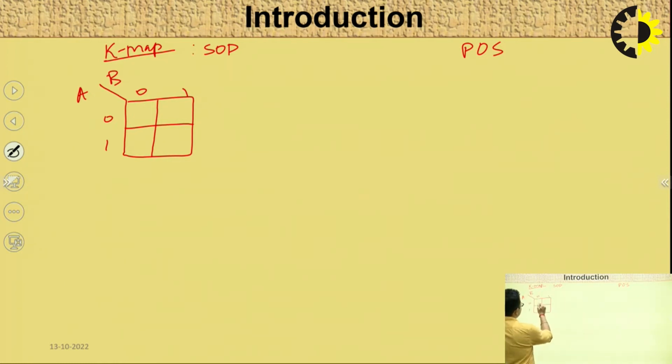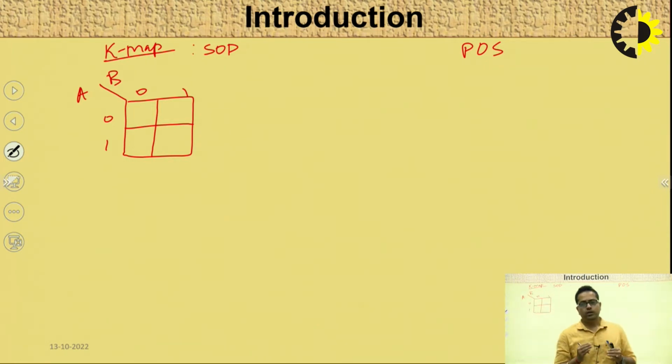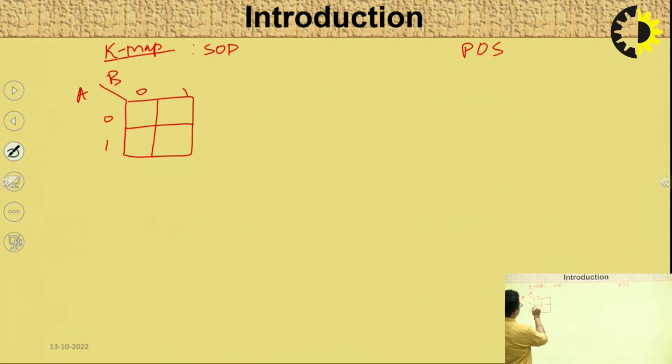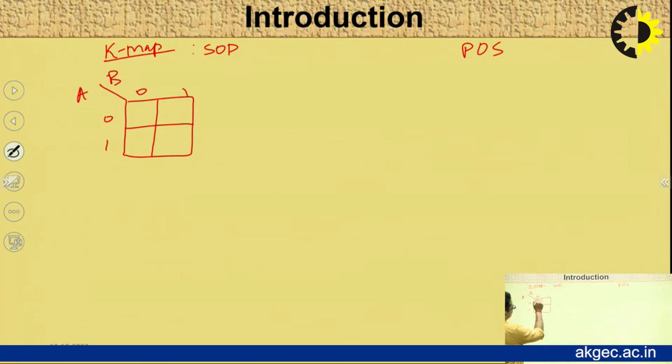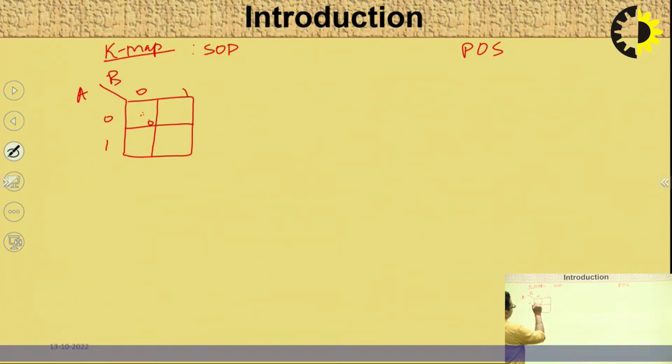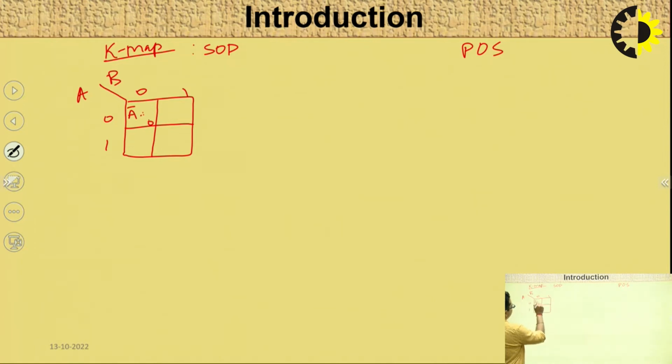In this, each cell is representing the value of the variables. If you are talking about this cell, what is the decimal equivalent value of this cell? We are talking about first row and first column. First row and first column is covering 0 and 0, so the decimal equivalent value will be 0, written as A bar B bar.